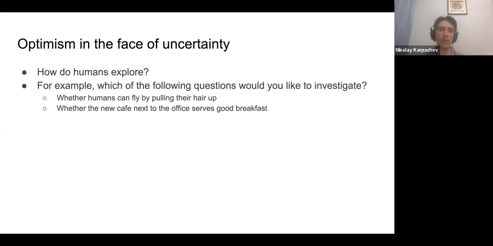So it's called optimism in the face of uncertainty. And mathematically, it can be described as the following. So we have some kind of uncertainty corresponding to each action. So for some actions, we have high certainty, low uncertainty. We know for a fact that something will happen or won't happen.